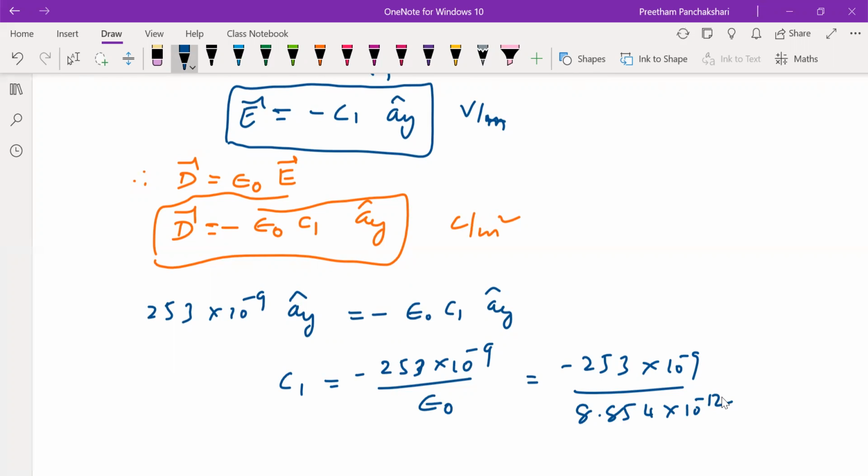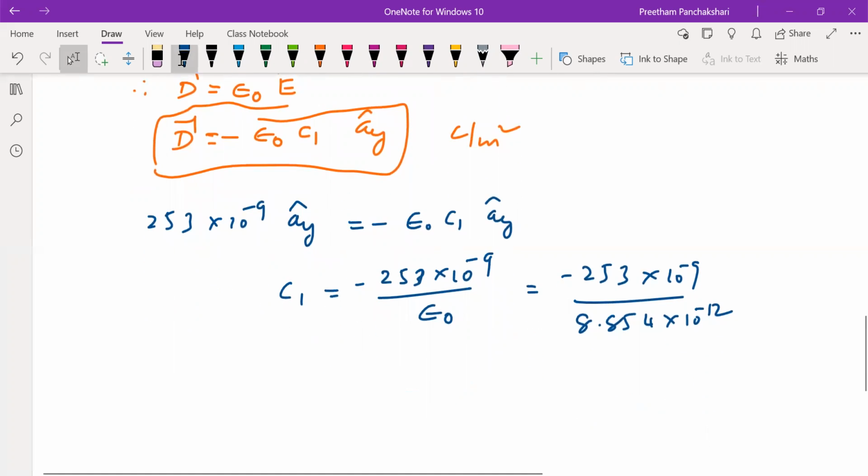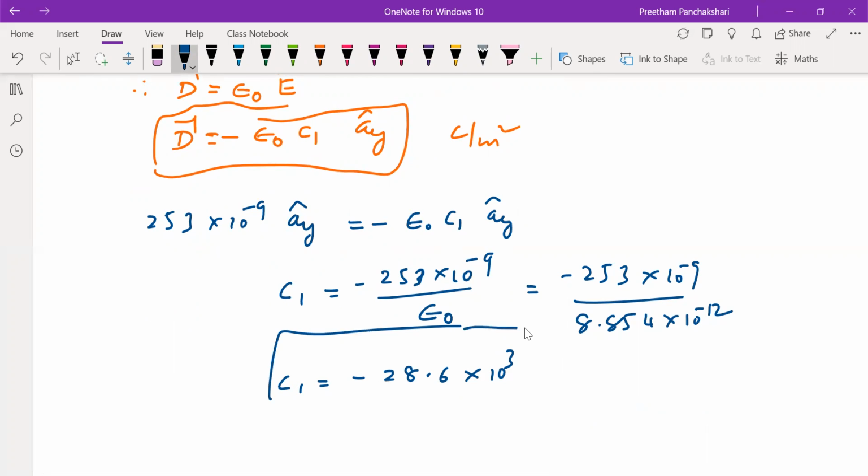So from this, we can find the value of C1 as minus 28.6 into 10 raised to 3. So one constant is found from the value of D.